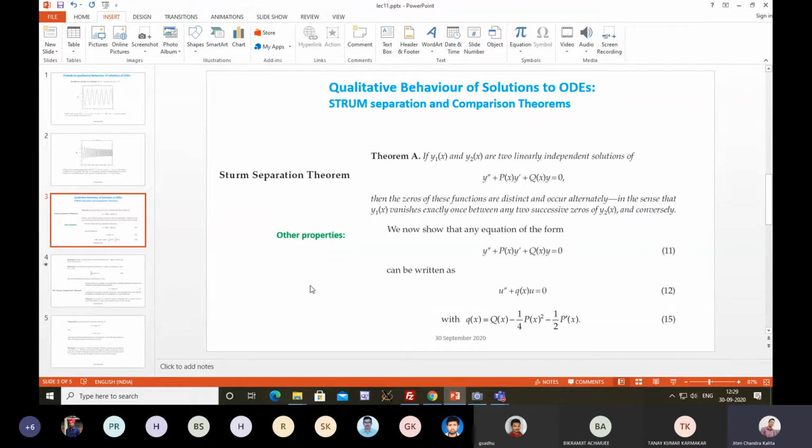What it says is that suppose I am considering a fundamental set of solutions. So basically, y1 and y2 are two linearly independent solutions of the second order homogeneous linear equation in normal form. The next two lines are very crucial. Then the zeros of these functions are distinct and occur alternately, in the sense that y1(x) vanishes exactly once between two successive zeros of y2, and conversely.